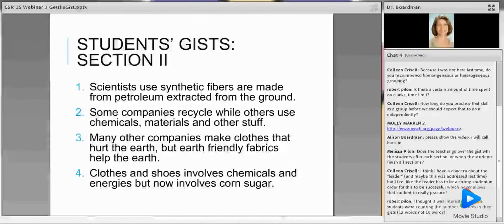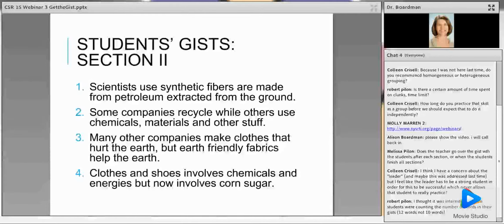And Robert is saying, I thought it was interesting that the students were counting the number of words in their gists. So yes, I think that the students in this video clip were overly concerned with the number of words in their gists.